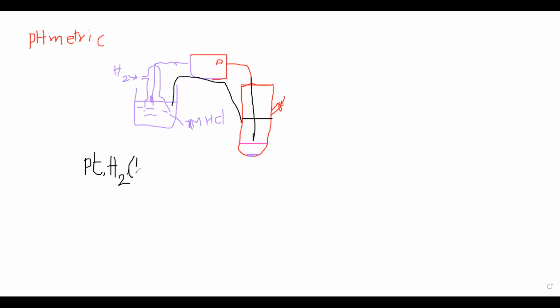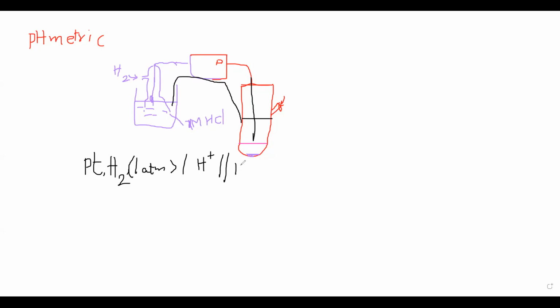Hydrogen is passed at 1 atmosphere, and H plus ions of unknown concentration will be there, and it is connected to the calomel electrode.